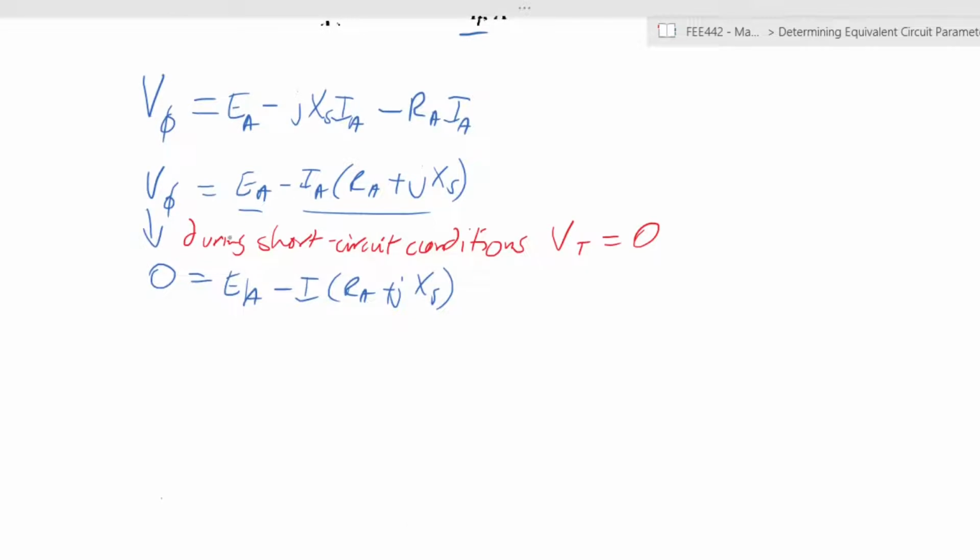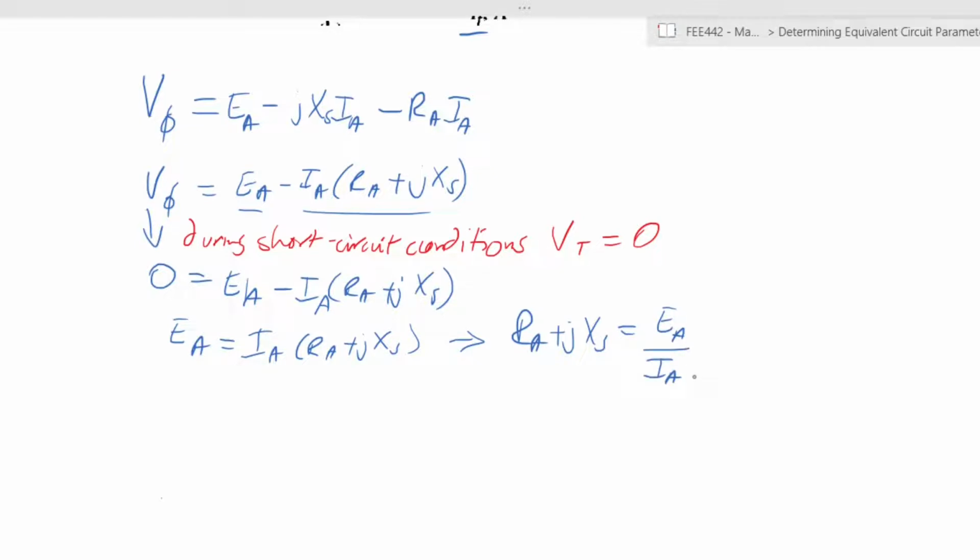If we look at that further, we will realize that EA is equal to IA (RA plus jXS), and we rearrange that to get RA plus jXS is equal to EA over IA. So this in turn can give us the value, because we know what the current would be, and we know what RA was, and you would therefore be able to see what our synchronous impedance is.